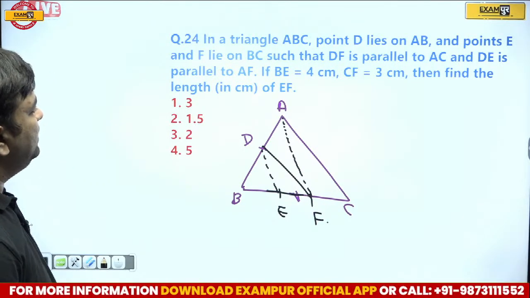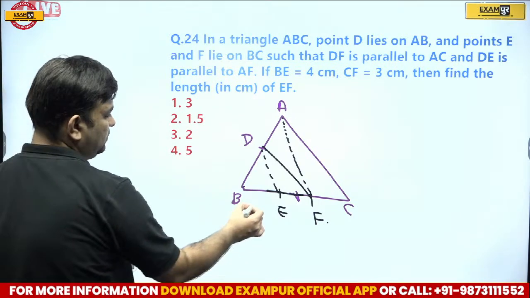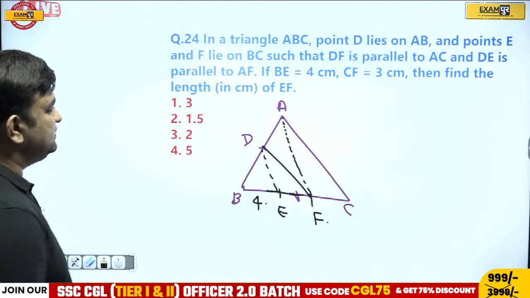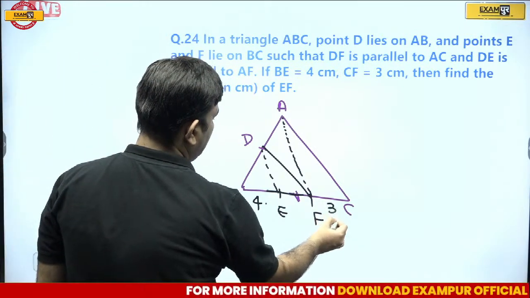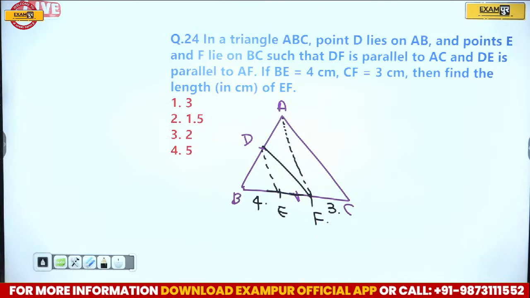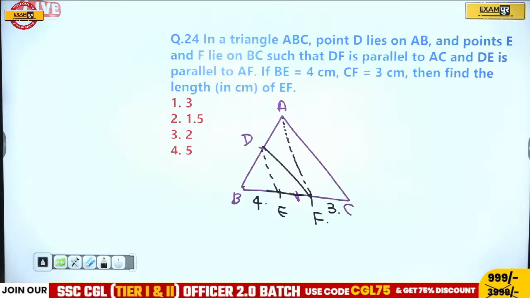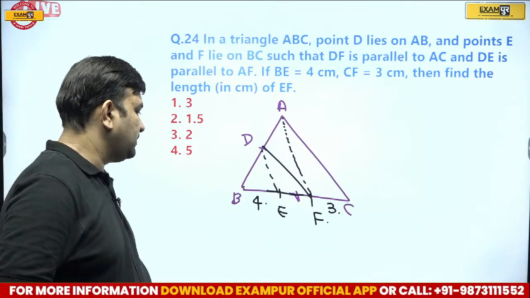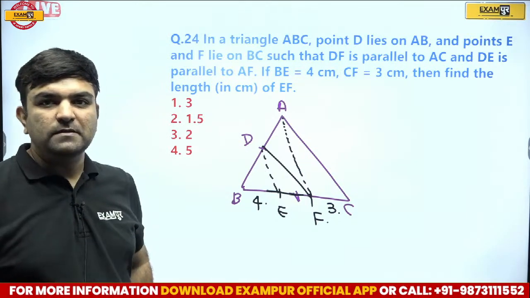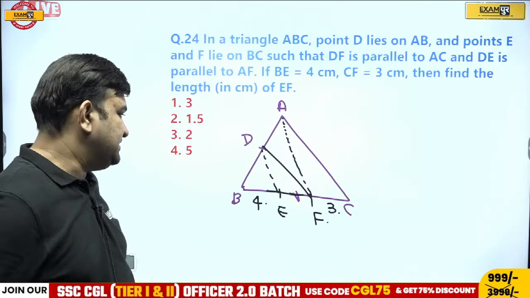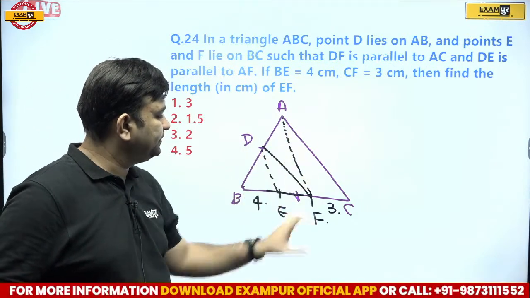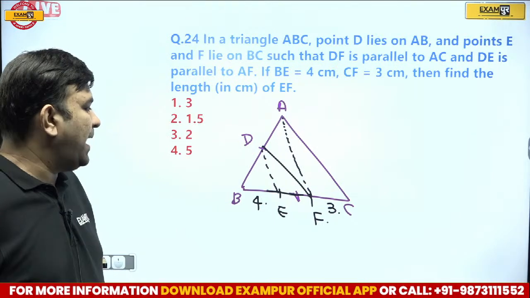Okay. BE is 4. CF is 3. What is EF? First thing is that DF is parallel to AC.